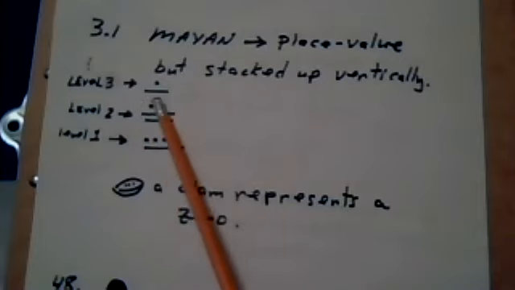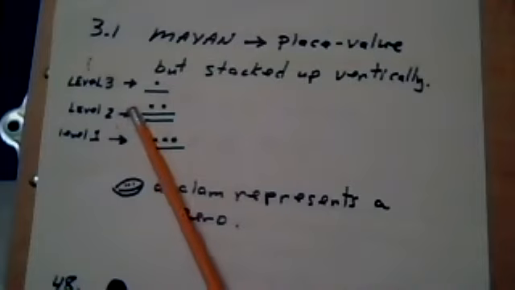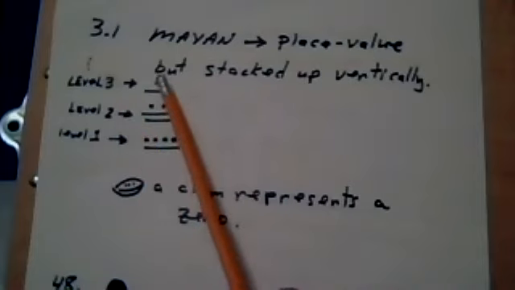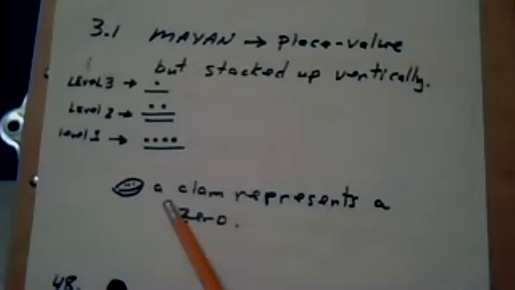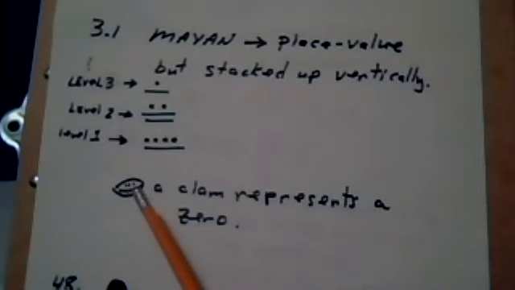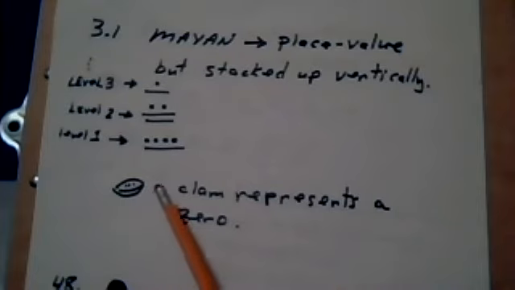Find what number these symbols represent, and then multiply times whatever place value is this level, and so forth. The Mayans invented the 0. It's a clam. It represents a 0, and it serves as a placeholder for a place value that's not being included, or for a place value that just has a 0.